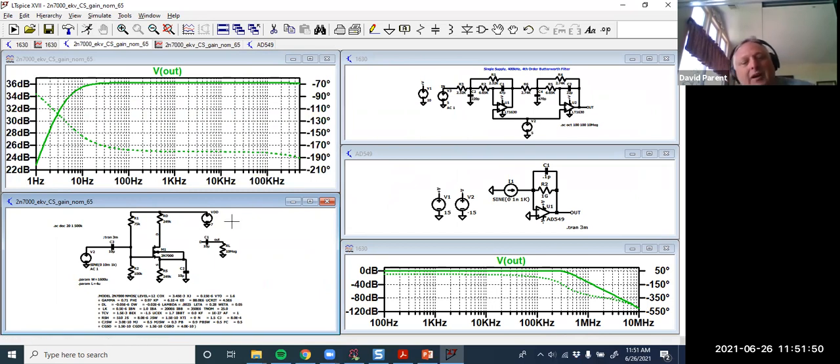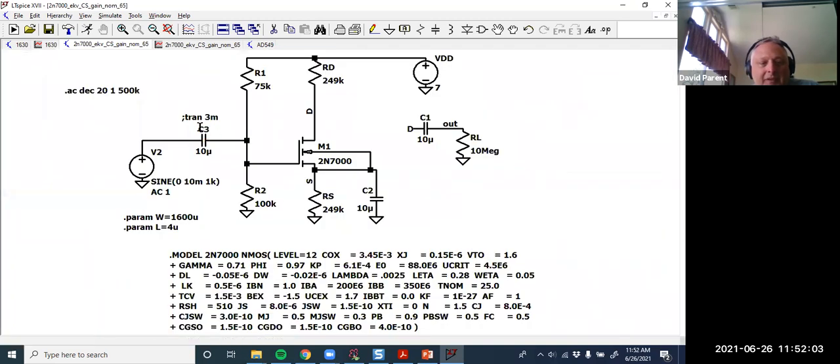Now, if you take it out long enough, it'll come back down. But in 122, you were in this region where it's flat.